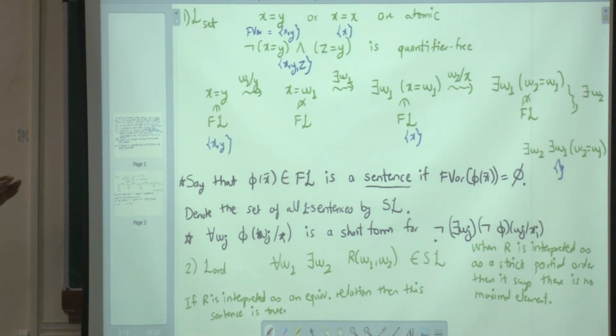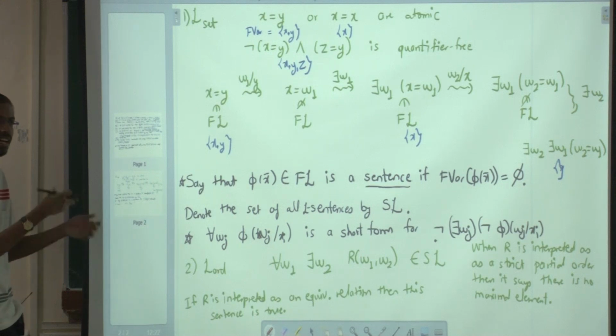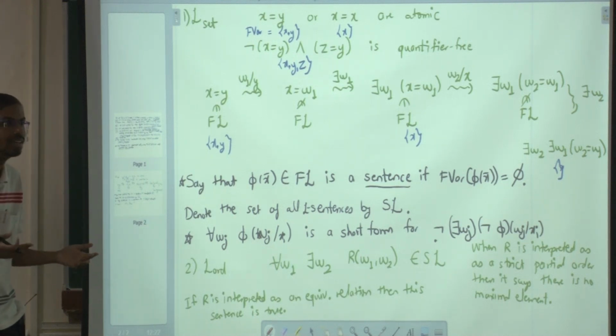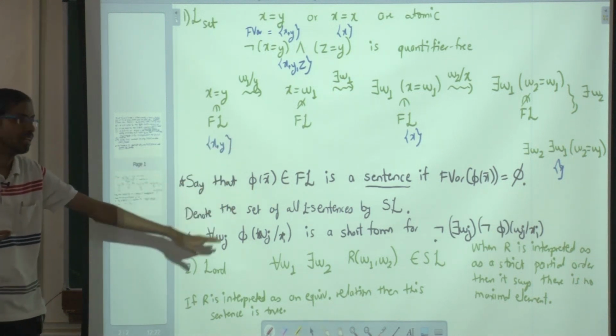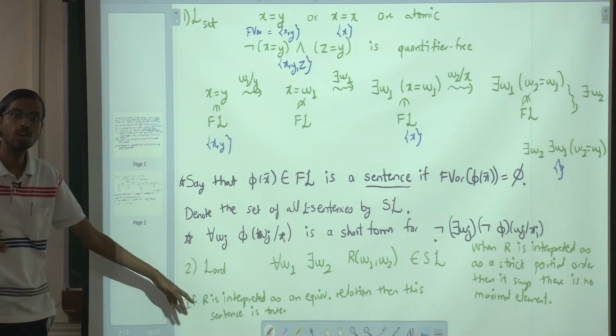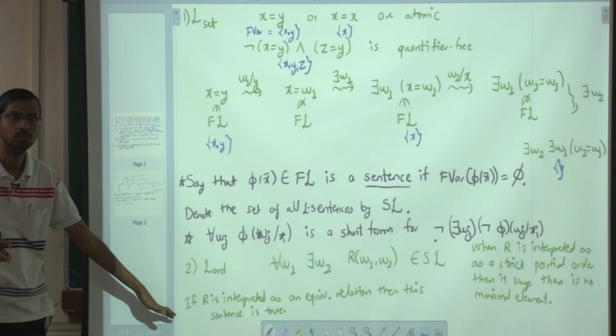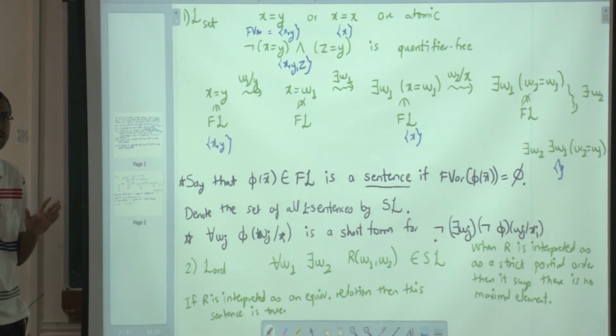I'm just going to give you some hints to understand. It's the same sentence, but it means something different if you interpret R differently. It says there is no maximal element in one case. In the other case, it is always true. We only need that the relation is reflexive.